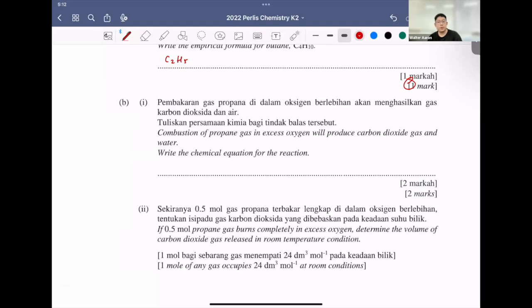B1, combustion of propane gas in excess oxygen will produce carbon dioxide gas and water. Write the chemical equation for this reaction. I think that's pretty simple.